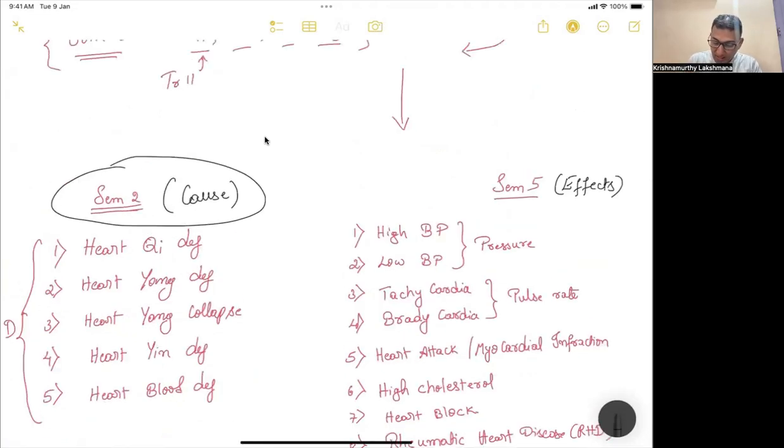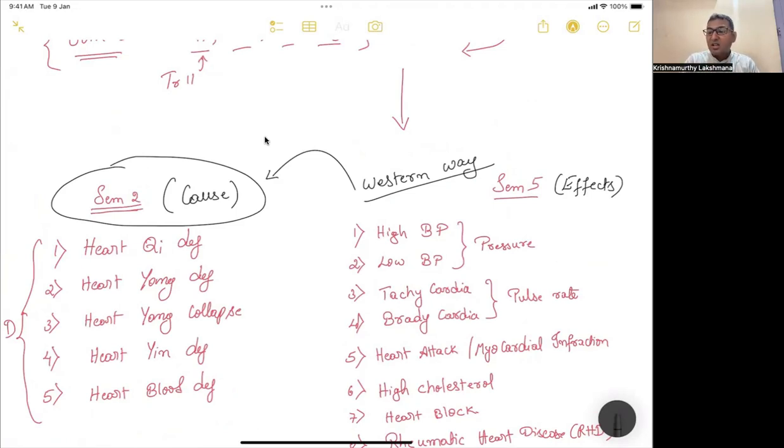It is teaching us the Western way of understanding the problem and then translating it and treating via our patterns.